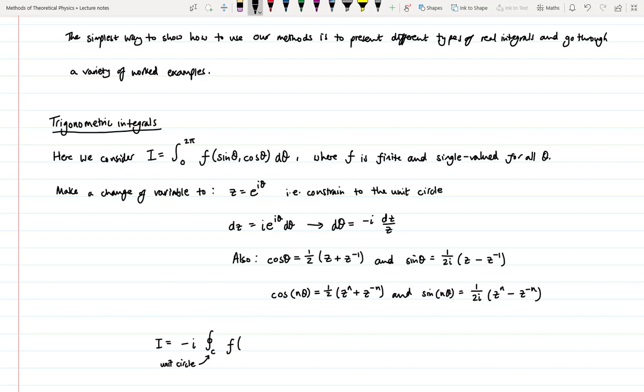So sine theta becomes z minus z to the minus 1 over 2i, and cos theta becomes z plus z to the minus 1 over 2. And we finally have the differential has changed to dz over z.